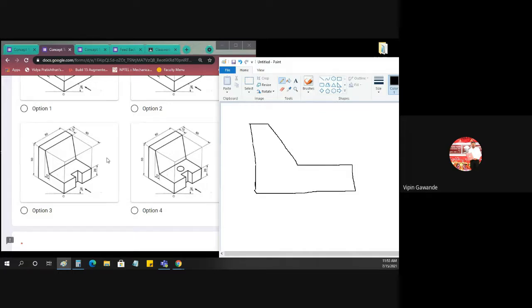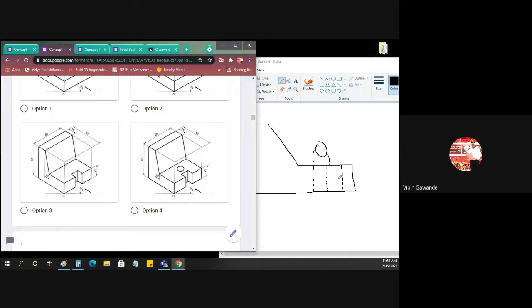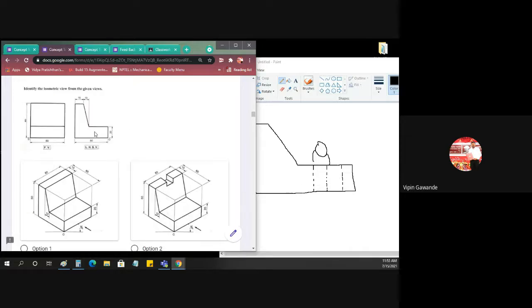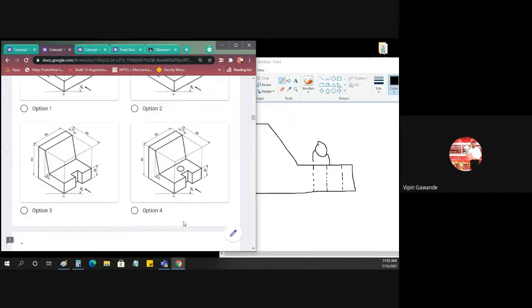Okay, see, left hand side is like this, but because of this circle, the diametrical points will come here. So we'll get two dotted lines for this circle, because for this circle we'll get 2 points, 1 and 2, and for this cutout we'll get one dotted line. For this cutout we have to transfer this corner point here. So we'll get one dotted line, but dotted lines are not given in the side view. So this is not the correct option.